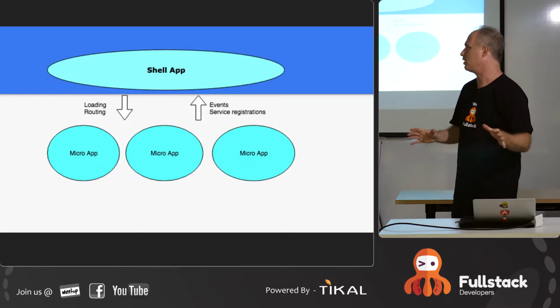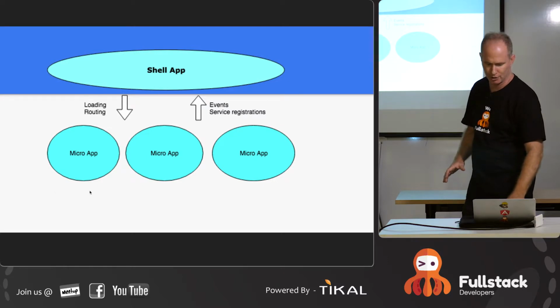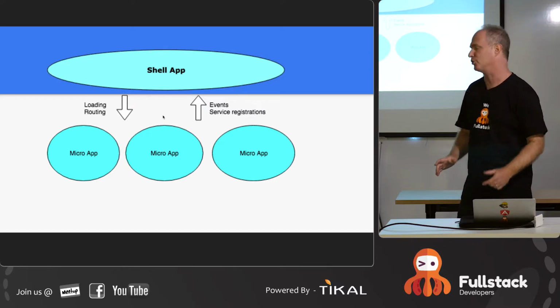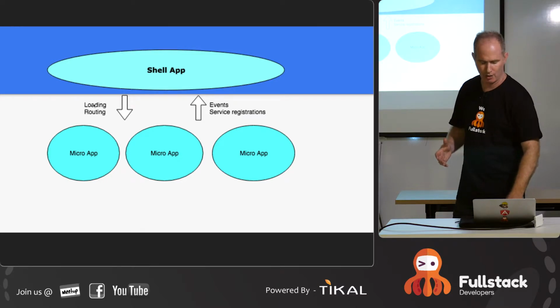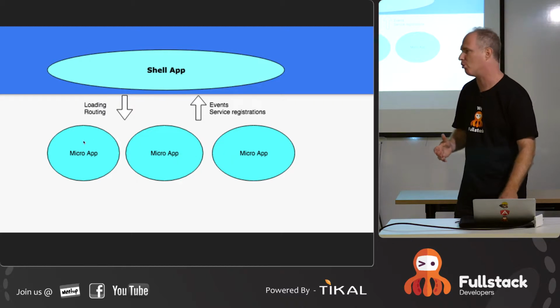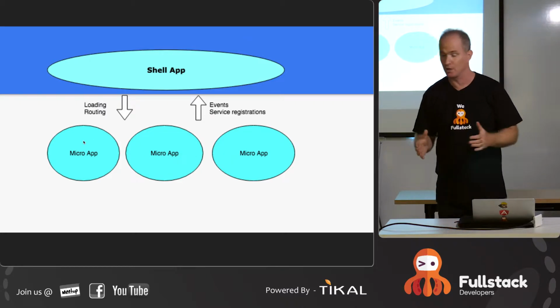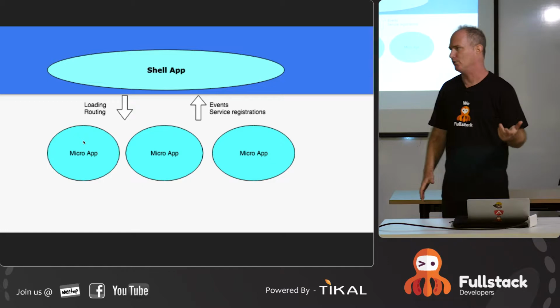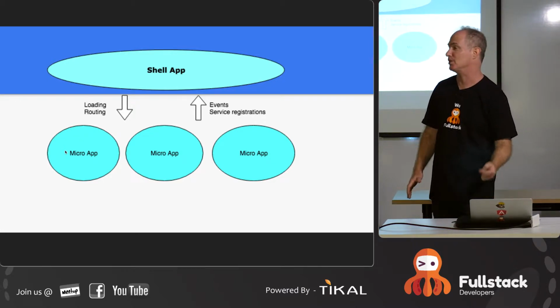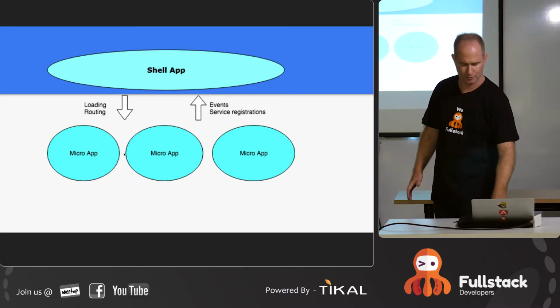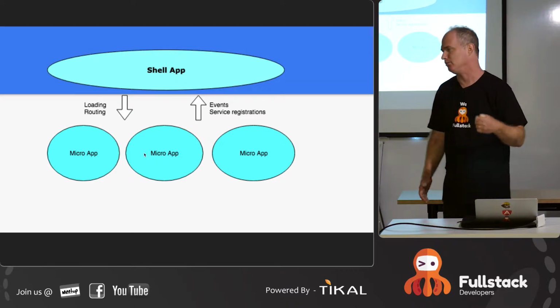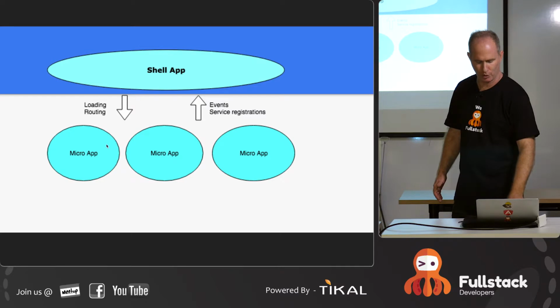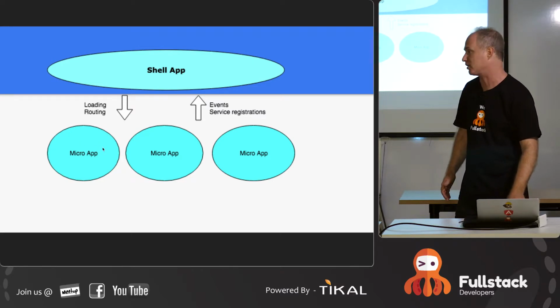All right, so let's look at this structure. In micro frontend, we have a shell application in here, and we have 2 or 3 or more micro applications. If we have one application that is legacy and the others are less legacy, it doesn't mean that we will eventually get rid of the legacy application.